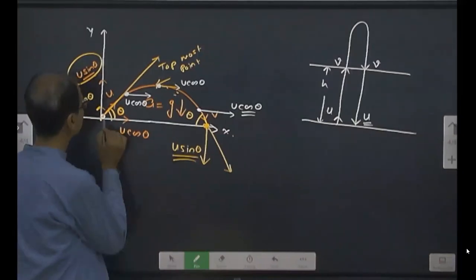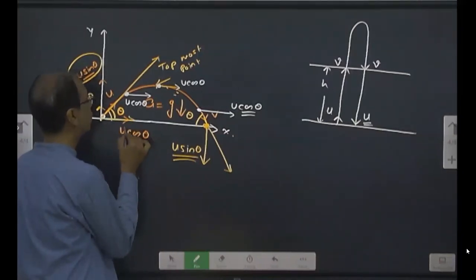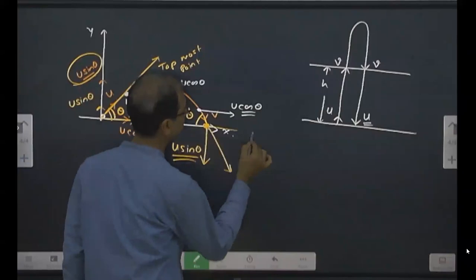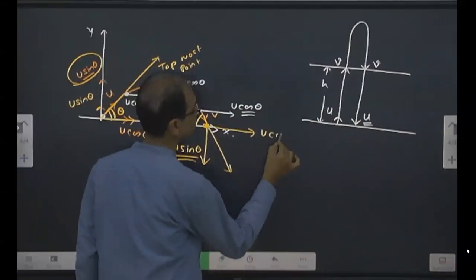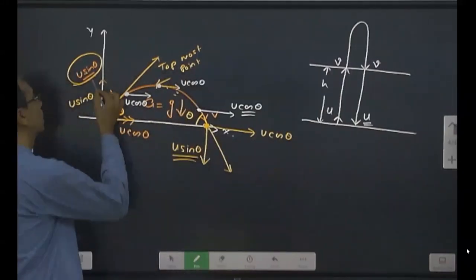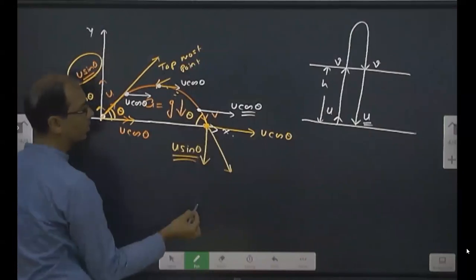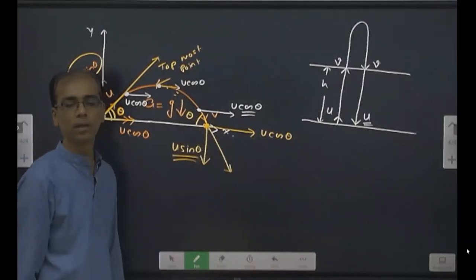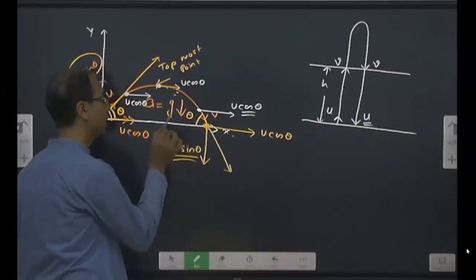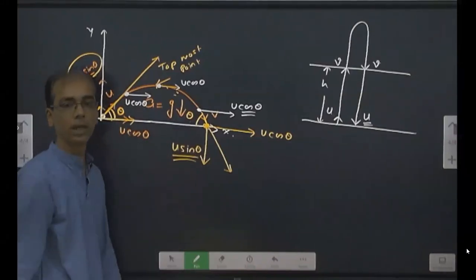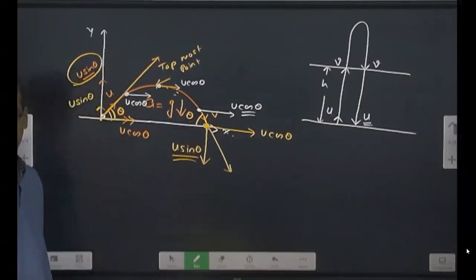Because here also horizontal component is u cos theta. Here also horizontal component u cos theta. Here also vertical component u sin theta. Here also vertical component u sin theta. So that is why this angle and this angle will be the same. Is that point clear?